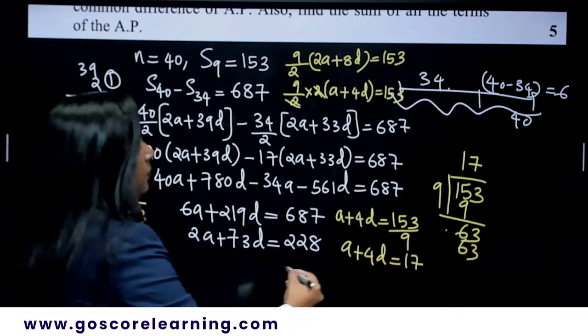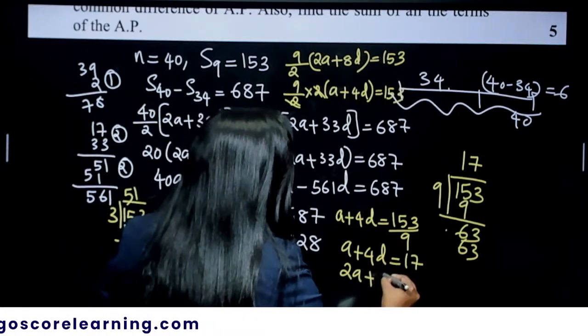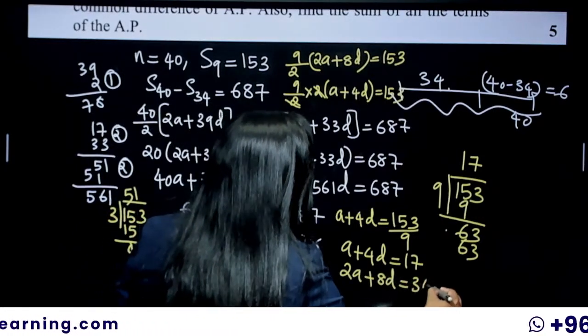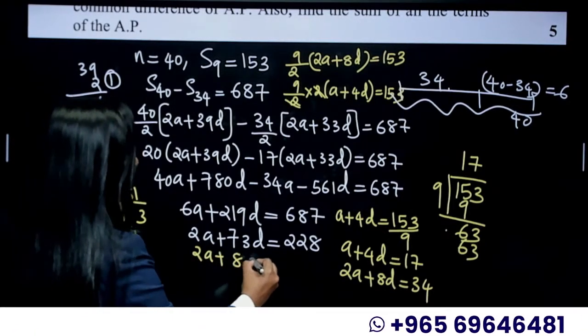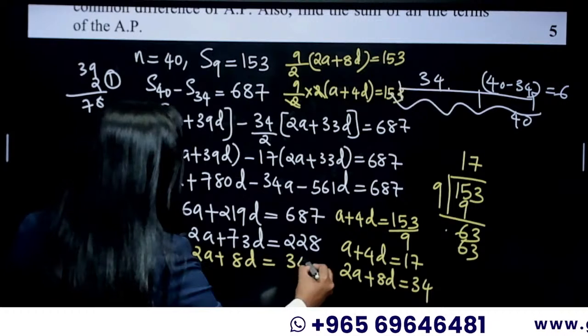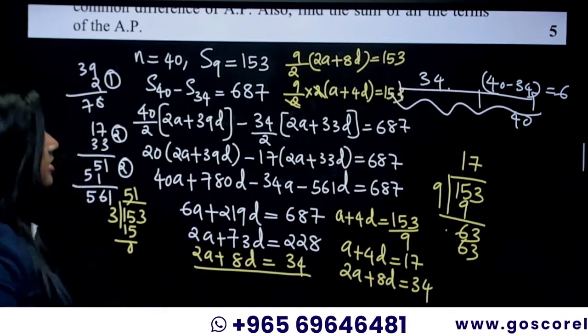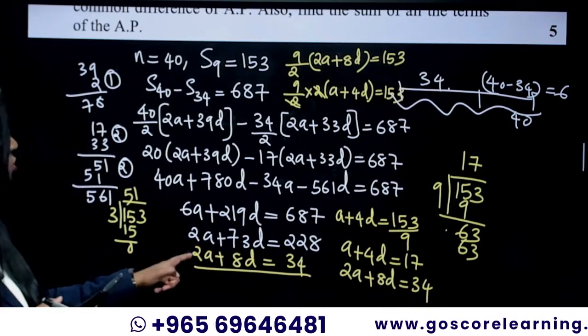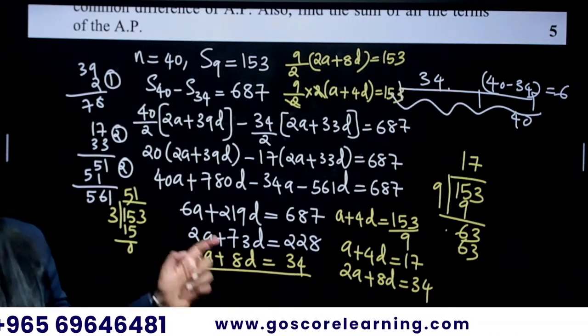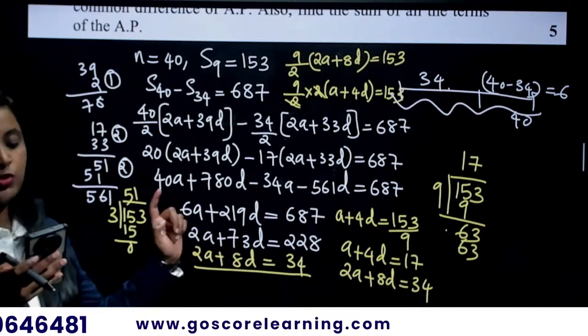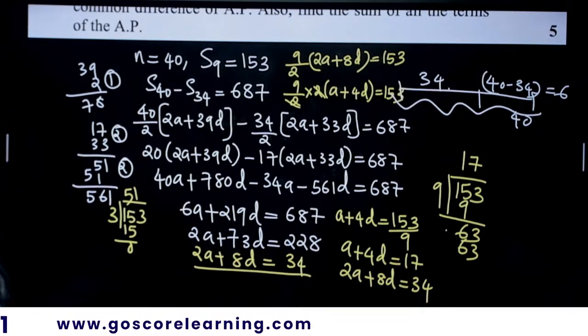So 2a plus 8d is equal to 34. Now 2a will get cancelled, and 73 minus 8 we can do, and then 228 minus 34 we can do.